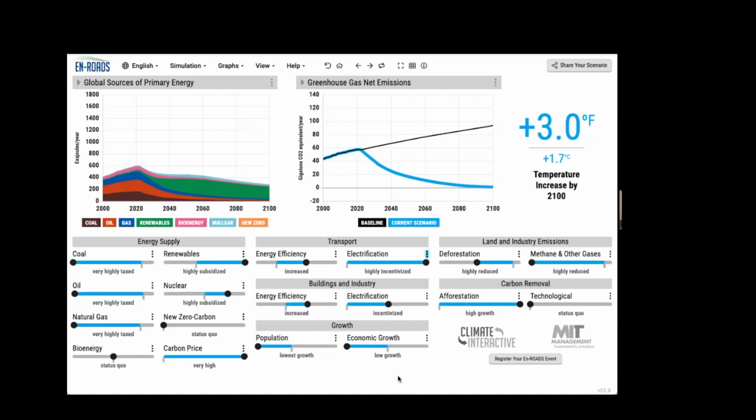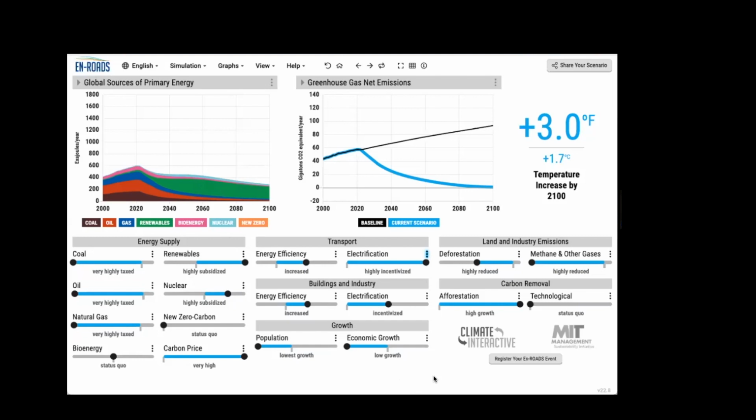So, Missy, to answer your question, this is a global model, so it's artificial. In terms of the model, the US represents about 14% or 15% of global greenhouse gas emissions.